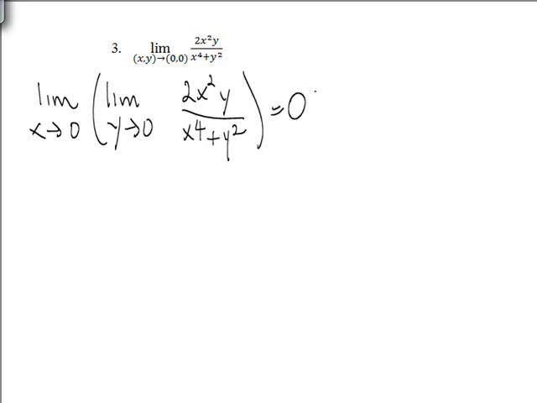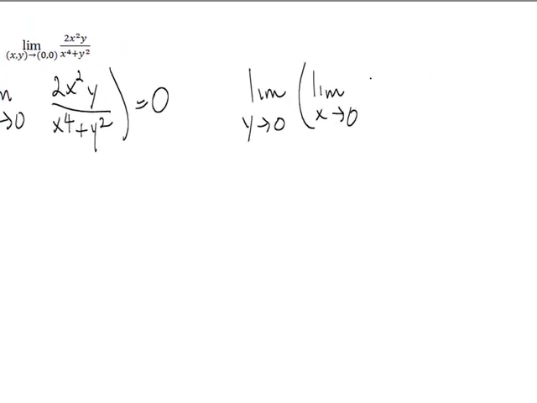And this is going to be 0. The other switch: limit as y approaches 0, limit as x approaches 0 of the same thing. Gives me 0. No conclusion.